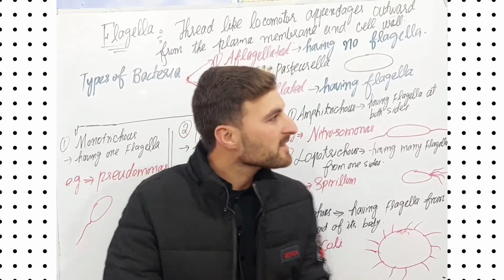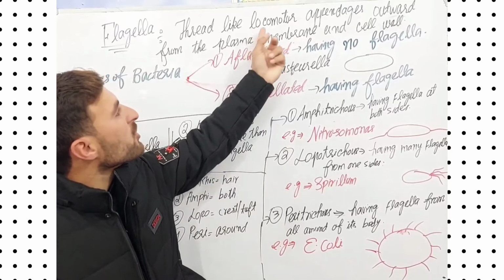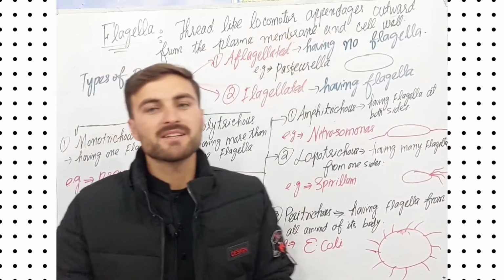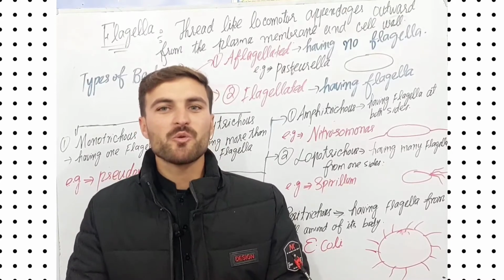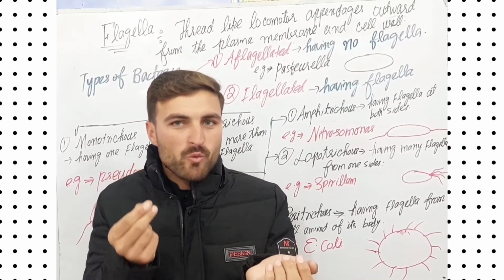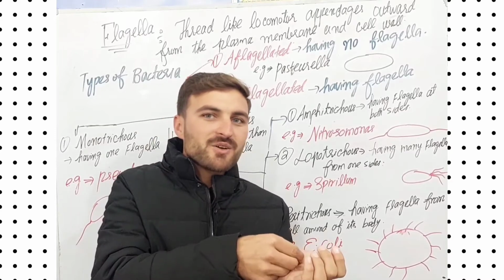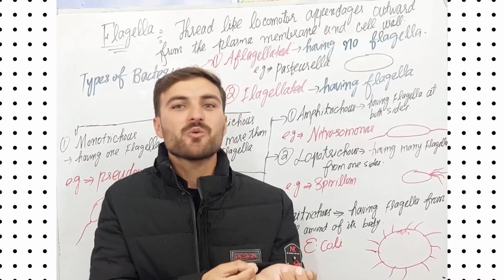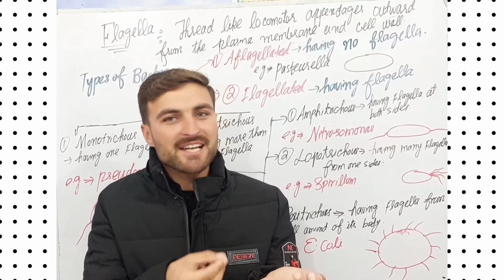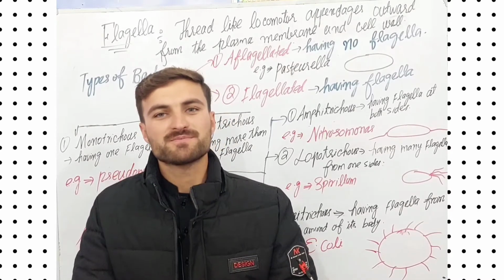The second word which I have written is locomotor. What does it mean? They have the ability to do locomotion. When a bacterium is moving from one place to another place, how does it move? It moves with the help of flagella, which I will discuss at the last portion of this video.